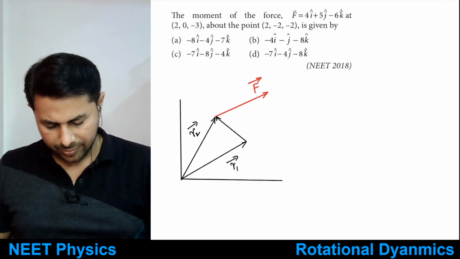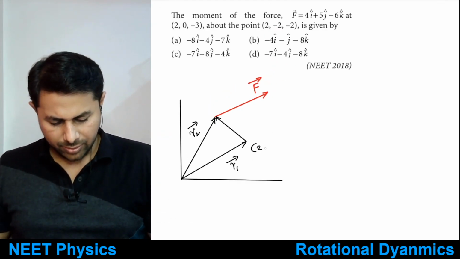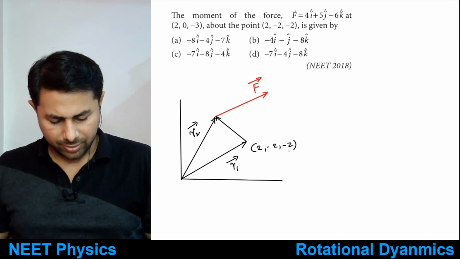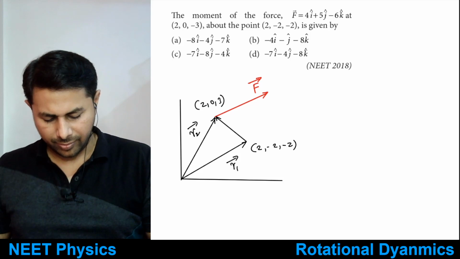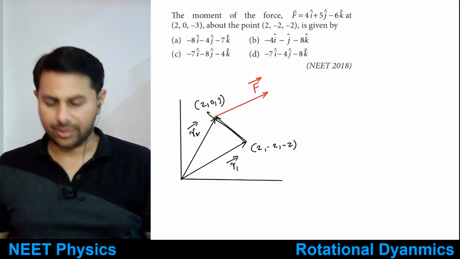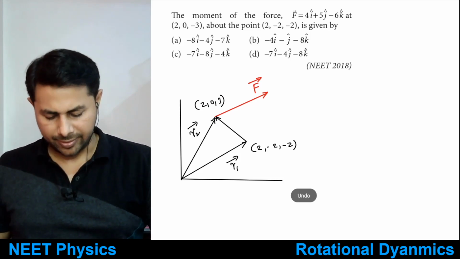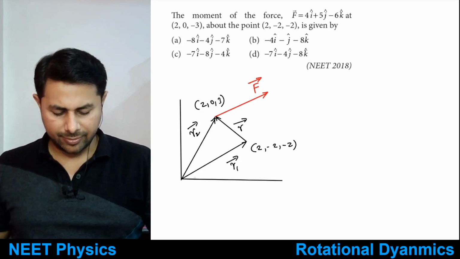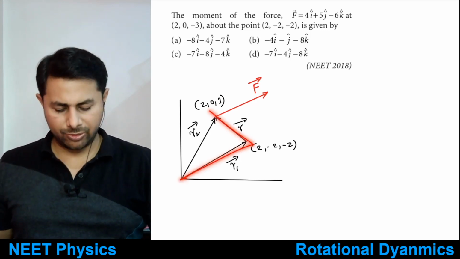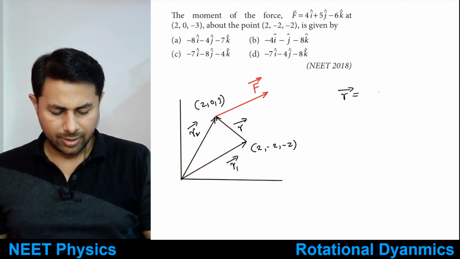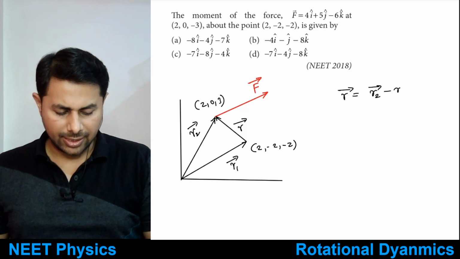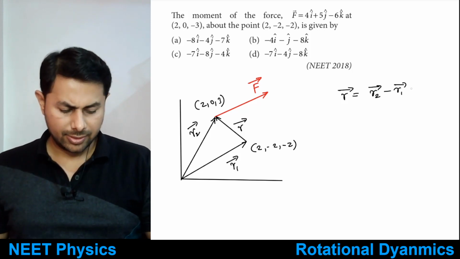This one is 2, minus 2, minus 2, and this one is 2, 0, 3. You want this position vector. So that is your R bar. Now you can find out what is R bar. So R1 bar plus R bar gives you R2 bar. That means R bar is equal to R2 bar minus R1 bar, right?